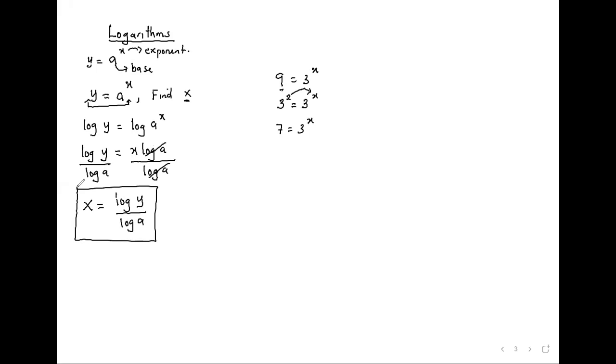This means that if I have log with a as a base, and then I put y here, it is equal to x. Since this is an inverse function of exponentials, a is called the base and x is an exponent.